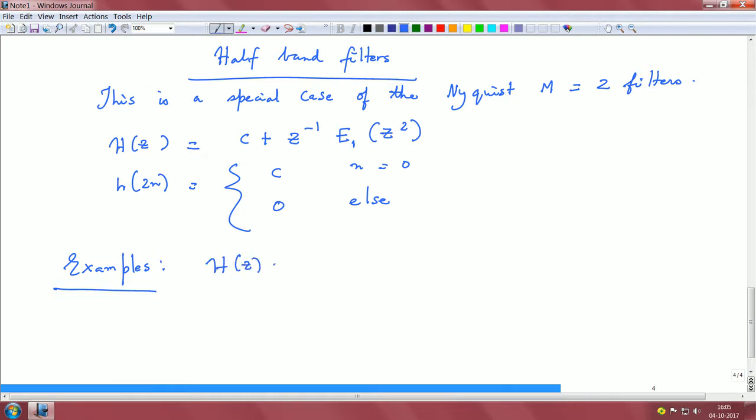Say suppose h of z is 1 plus z power minus 3, your polyphase component E1 of z is basically z power minus 1, just a delay.